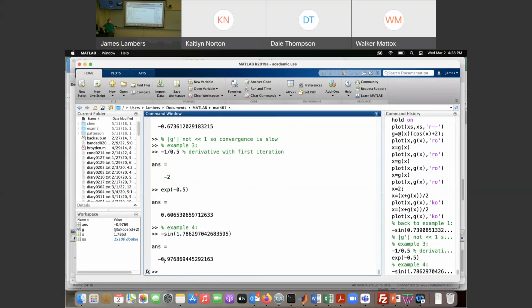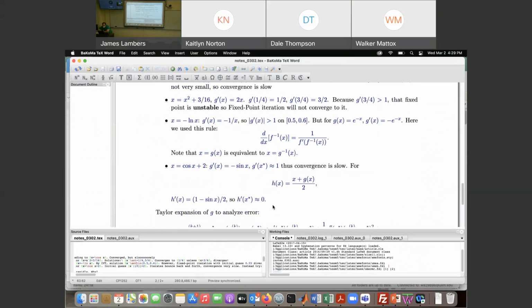So that's why convergence was horrible in that case. It would take forever to converge, bouncing back and forth like that. But now, when I use this, g prime is roughly equal to minus 1.